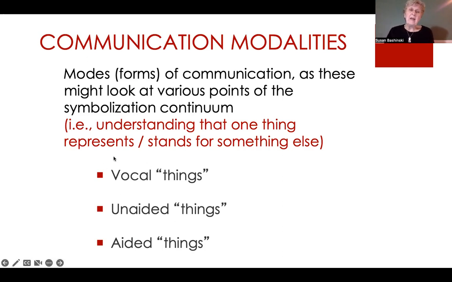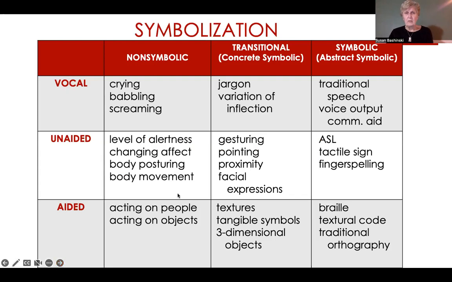And we can put them in the category of vocal things, unaided things, and aided things. And I've made another chart so that we have the 3 stages. Again, these lines are just to make the chart clear, but it's not that you're here and then boop, you're here, and then boop, you're here. It doesn't work that way. It's a sliding thing from non-symbolic, hopefully in this direction, right? So vocal, what it looks like here, here, and here.